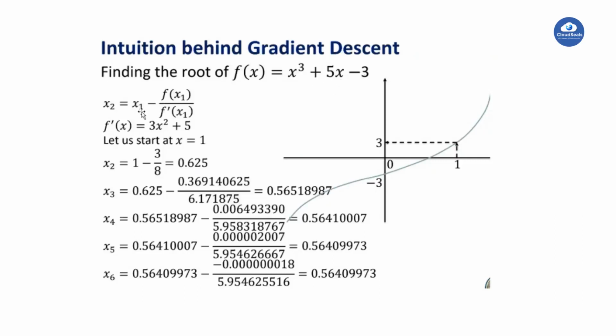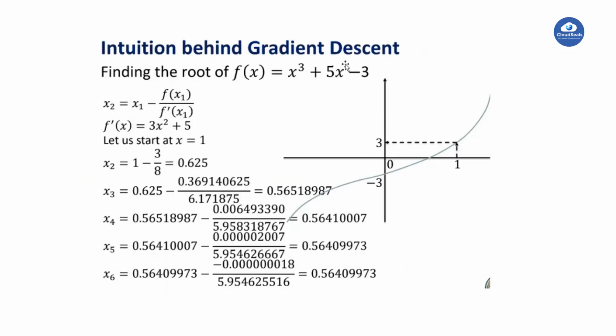Here x2 is x1 minus f of x1 by f dash of x1. This is the equation. That means they use the derivative. I hope all of you have some knowledge of derivatives. What will it become by differentiating x cube? 3 d of x cube is 3x square, because the exponent becomes a multiplier: 3x power 3 minus 1, that is 3x square.